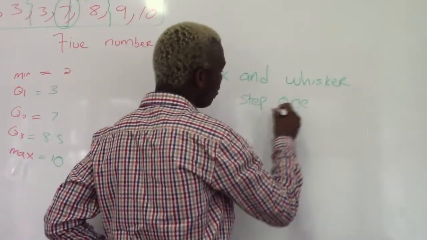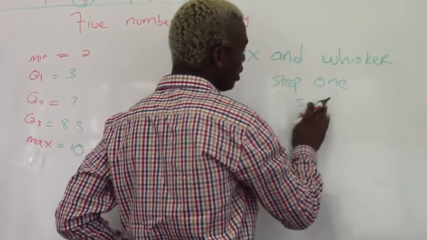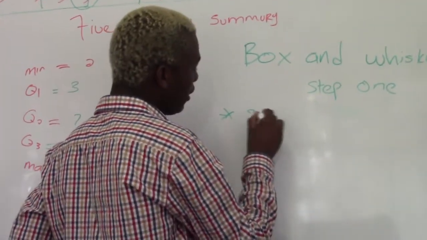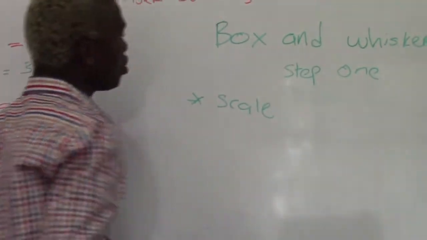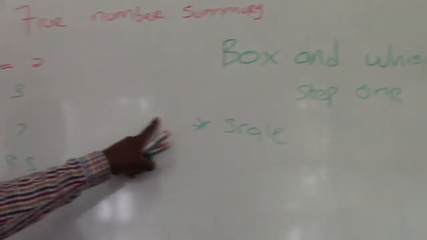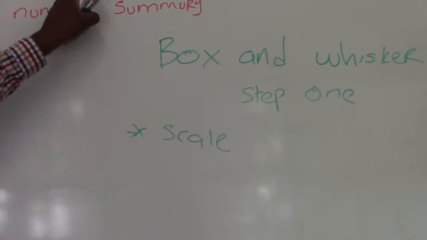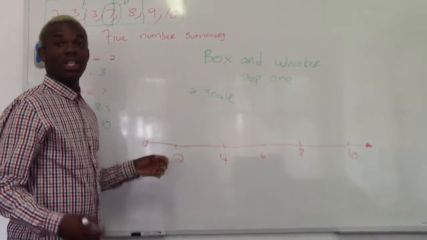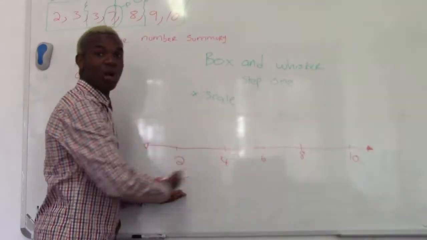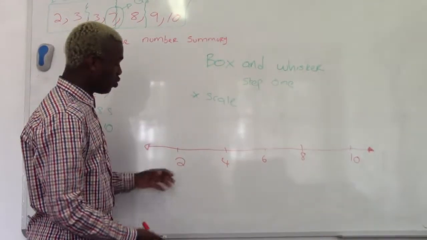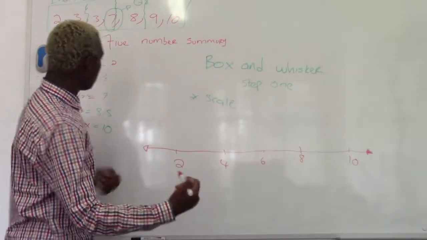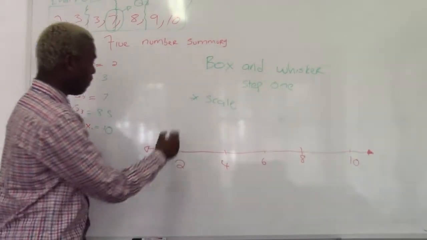Step 1, we have to come up with a scale. As you can see, the biggest number is 10. So we already drew our scale. From here we can continue in this fashion. We are going to plot the minimum and the maximum.